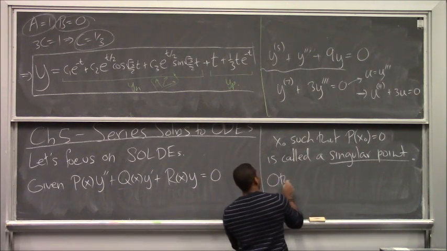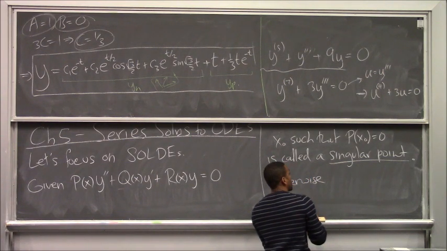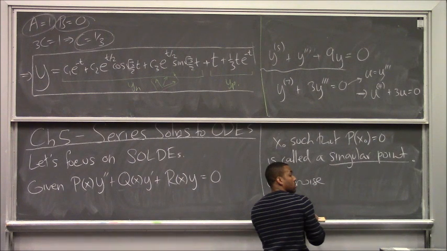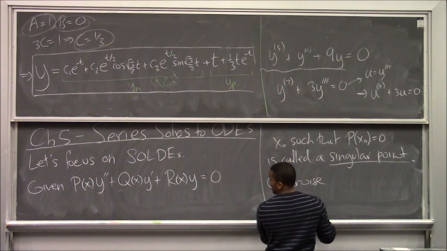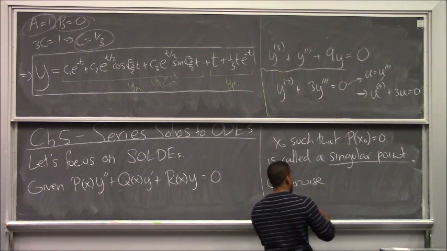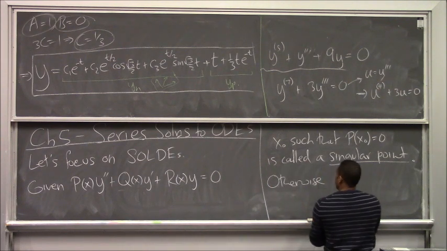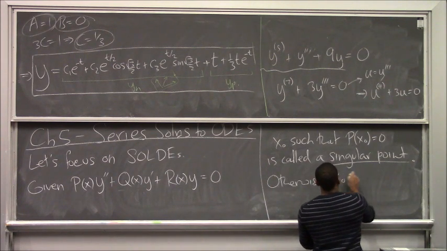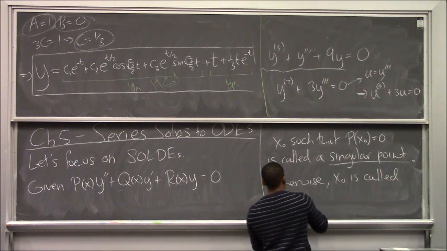The series solution works in general, but I'm going to show you using second order because, as you will see, these problems can get quite long, and I don't want to have to go beyond second order. Otherwise, x naught is called an ordinary point.